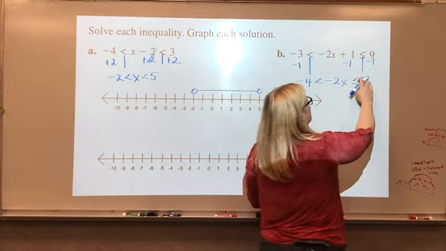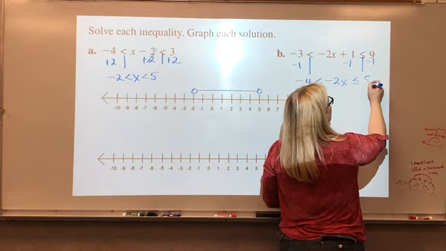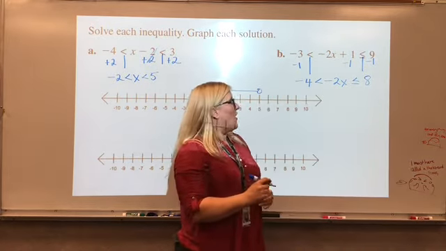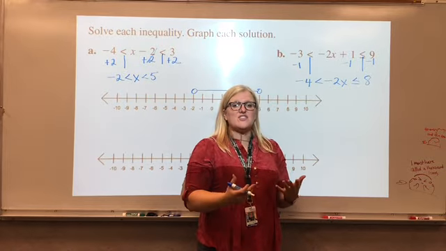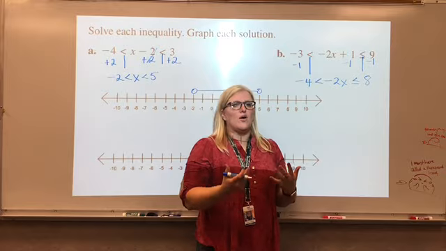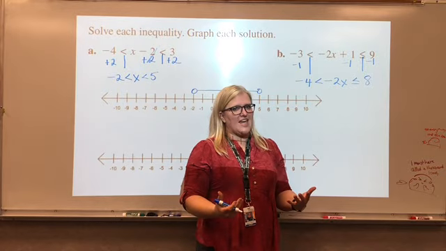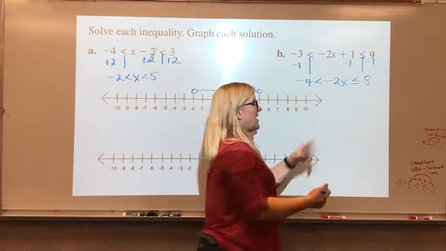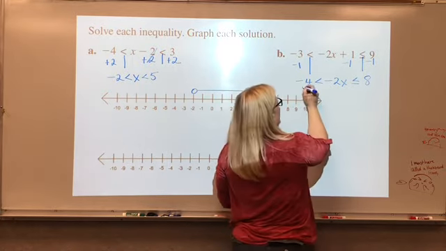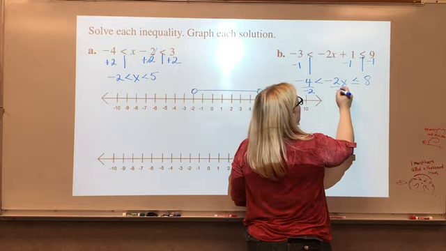Just kidding, 8. 9 minus 1 is 8. Oh, brother. Okay, so now what do I need to do? I need to divide by -2. Well, what happens when I divide by a negative? I have to flip the sign. Okay, and in this case, there's 2 of them. So I divide everything through by -2.